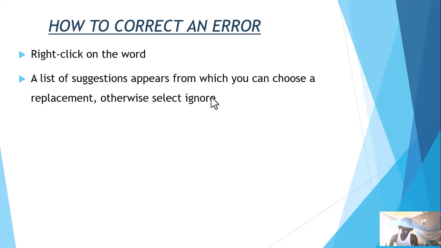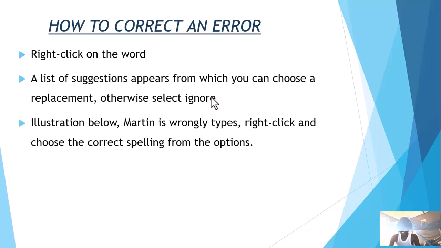Like my surname is not known to Microsoft Word, so it will underline it as incorrect. But if you know it's correct, you ignore it. But if you don't know the correct thing, then you choose from the correct ones.